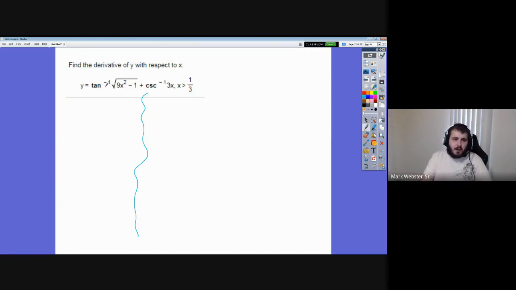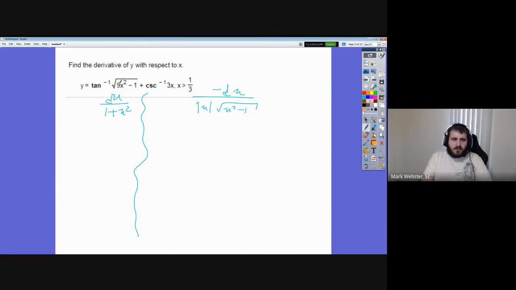So we got du over 1 plus u squared for tangent, negative 1 over absolute value of u times radical u squared minus 1 du up top.